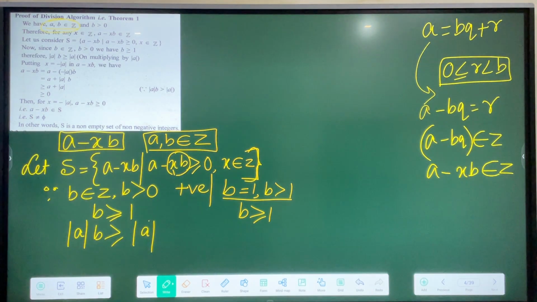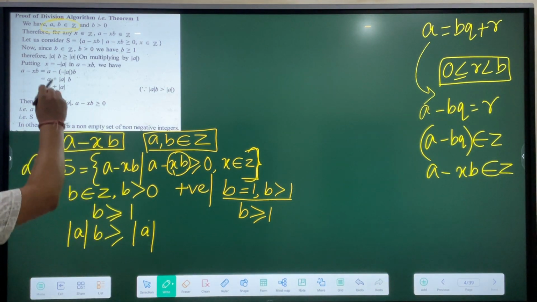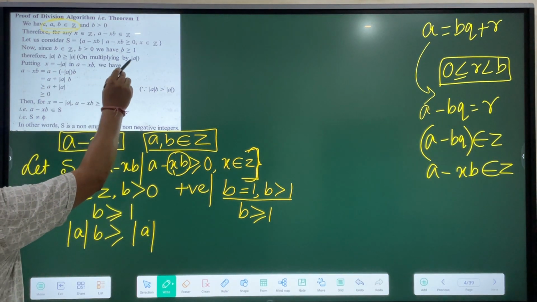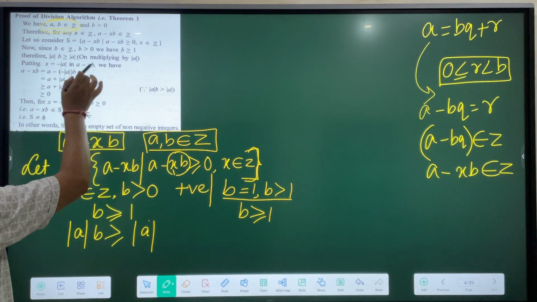Mod of a means a is positive or negative; the modulus of a is always positive. If you put in place of a, suppose 5, the modulus of 5 is 5. If it is minus 5, then also 5. Both will be positive. The modulus of plus 5 is 5, the modulus of minus 5 is also 5. So that is why we multiply both sides by mod a.